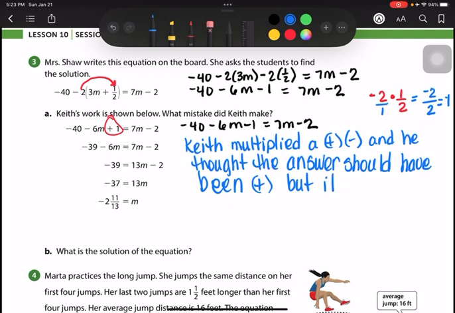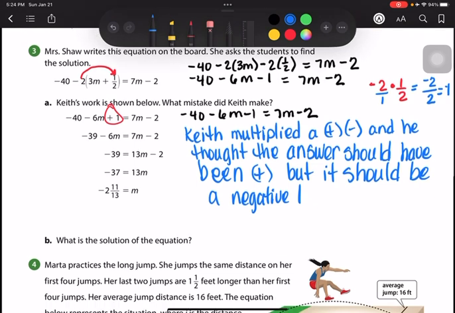But it should be a negative 1. Okay? Then it says, what is the solution to the equation?